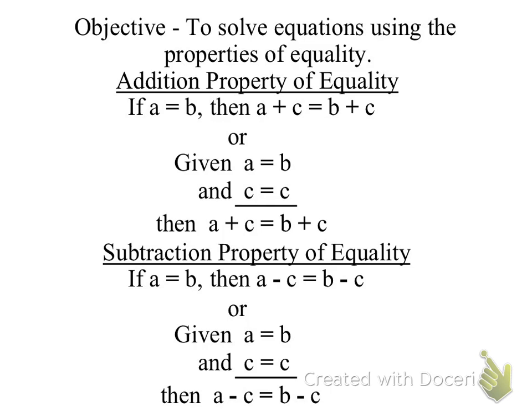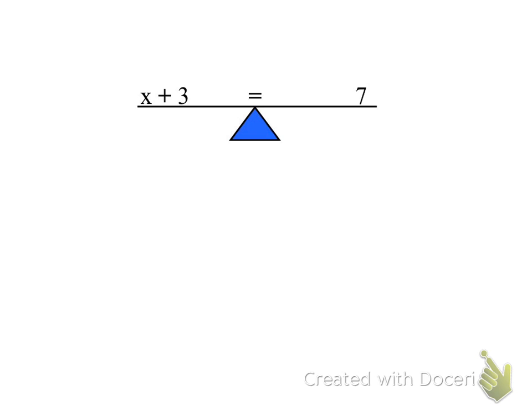All right, so now, if this is my equation, now this is where I use my body. If I am the equation, I am the equal sign. Here I am. So this chunk over here is equal to this chunk over here. So x plus 3 over here is equal to 7.